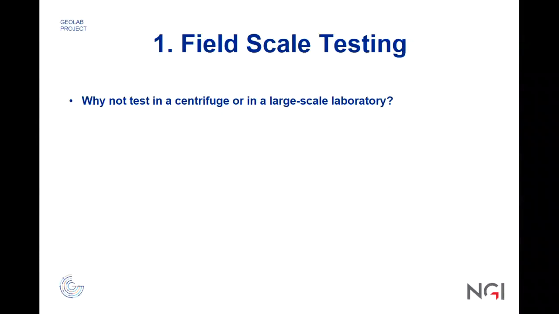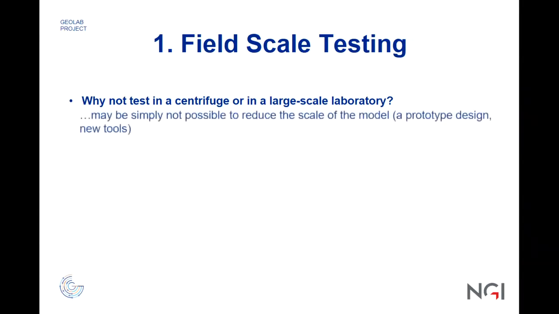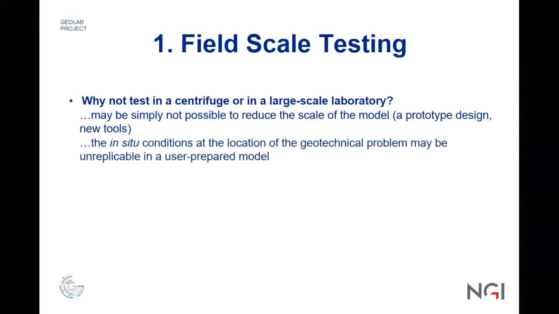But why do we not test in a centrifuge or large-scale laboratory as you've learned so far? It's because in some cases, it's simply not possible to reduce the scale of the models, prototype designs, or new tools. Also, the in-situ condition at the location of the geotechnical problem may be unreplicable in a prepared model.